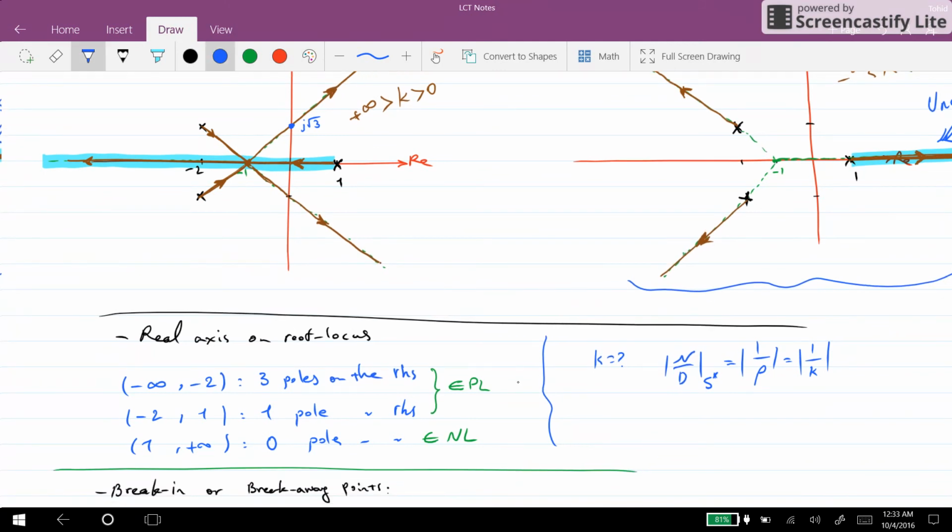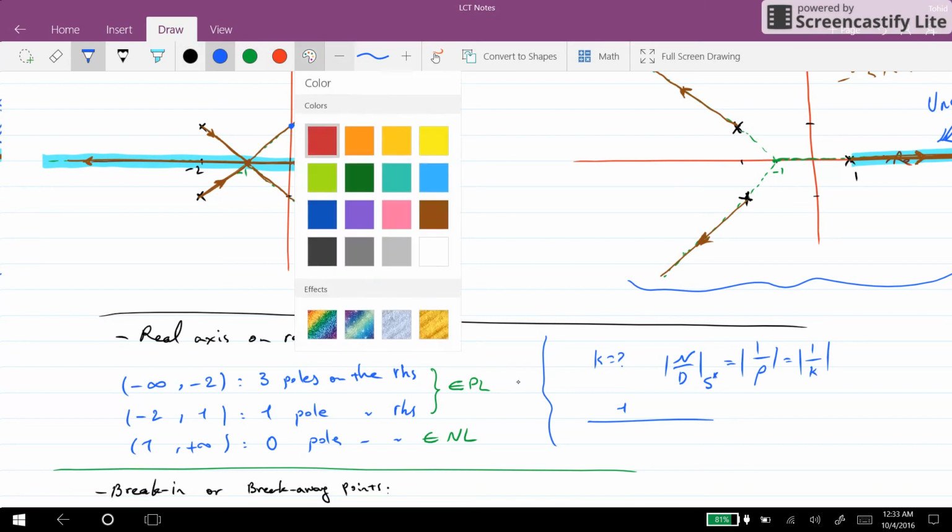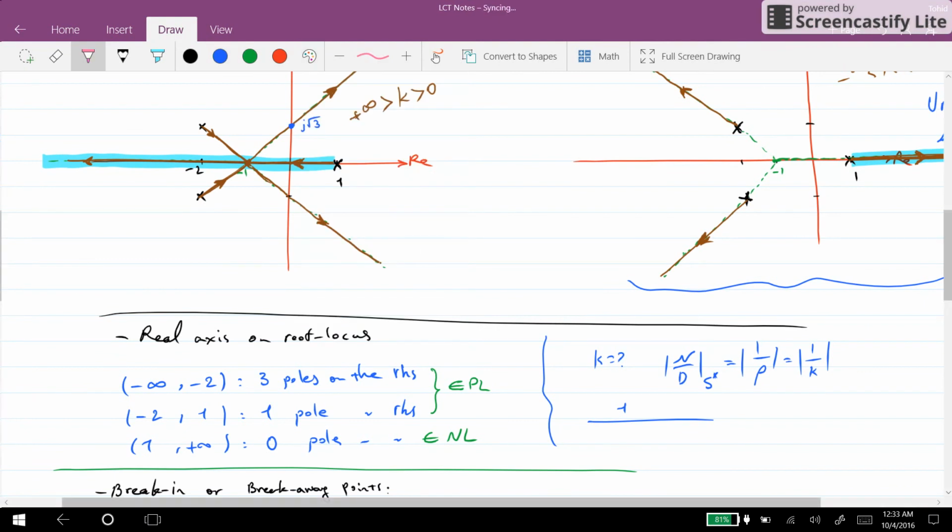We don't have any zero, so amplitude of n is equal to 1 over amplitude of d evaluated at that point, which could be obtained in this way. So we can just find out the distance of the poles from that point.